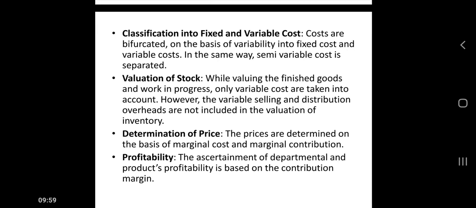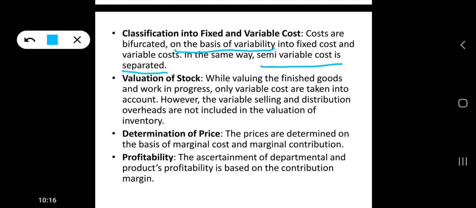Classification into variable cost and fixed costs: costs are bifurcated on the basis of variability into fixed costs and variable costs, and in the same way semi-variable cost is also separated.